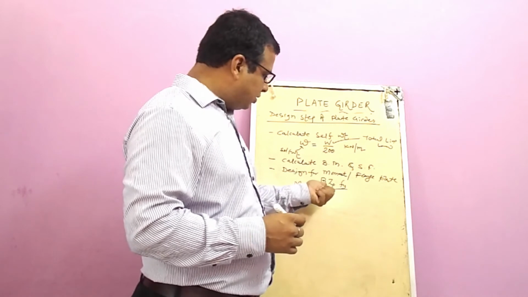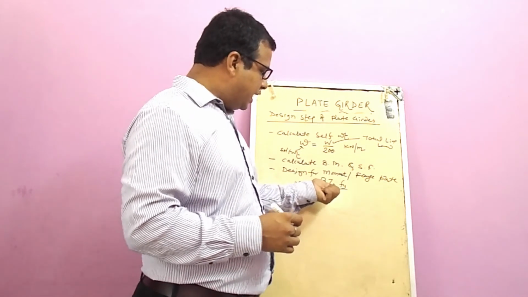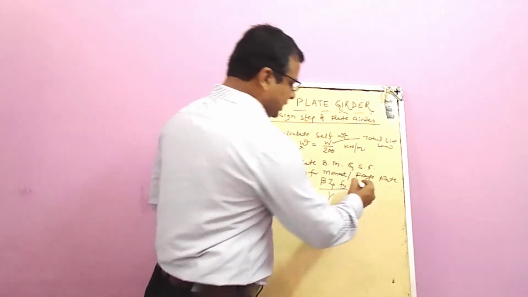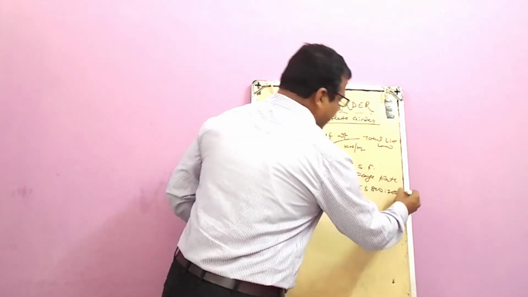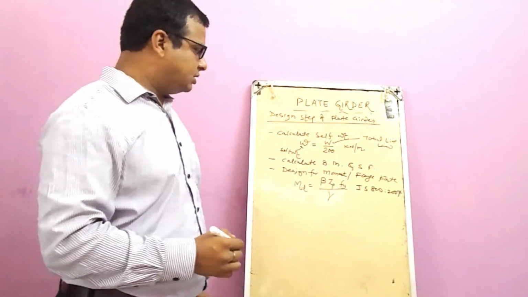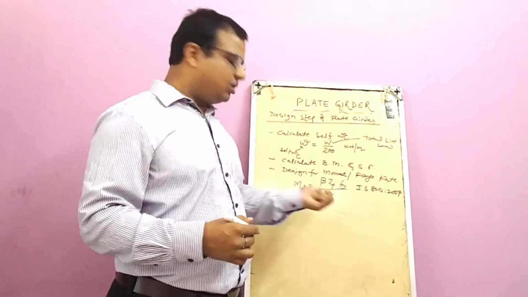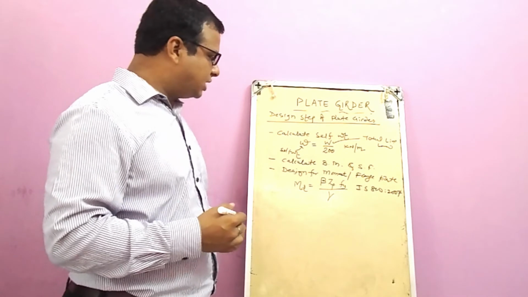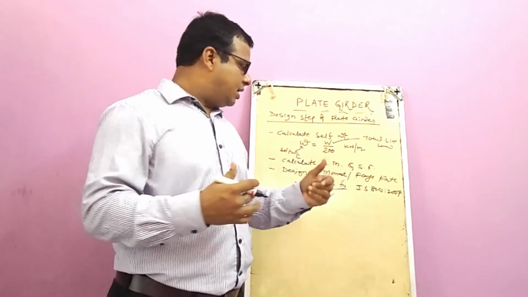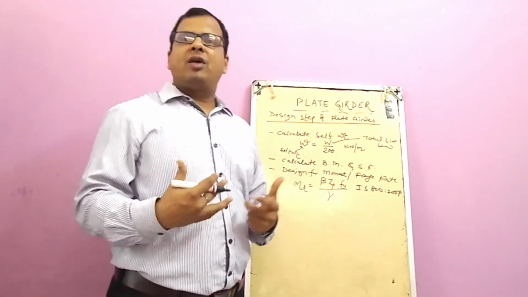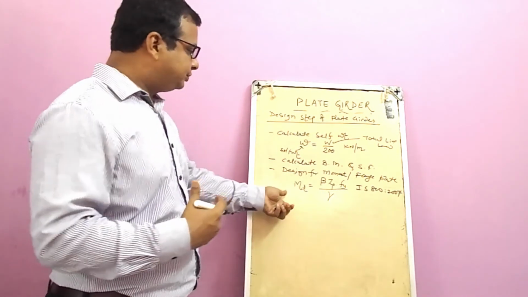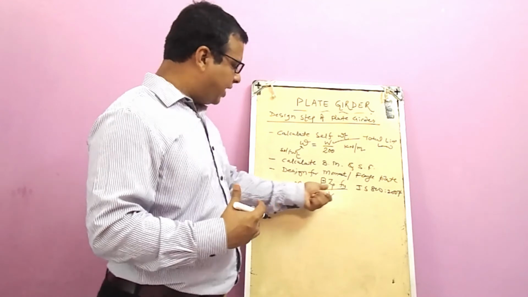This is basically a factor, and as per IS 800 we have to refer to IS 800 2007, that is for steel structures and based on the limit state, and ZP is the plastic section modulus, Fy is the yield stress, gamma is the factor of safety. So in this way we can find out this MD.